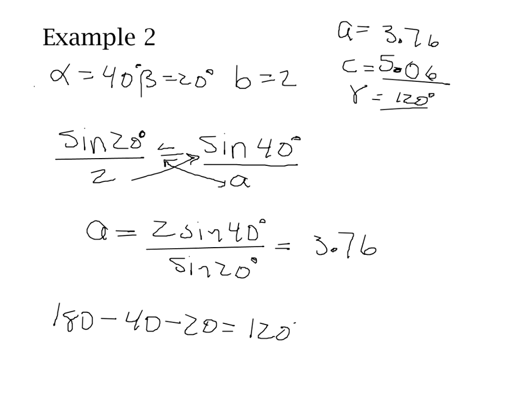So there's my answer. A is 3.76, C is 5.06, and gamma is 120 degrees. So there's two straightforward examples. And if you have two angles and a side, the problems are always this straightforward.